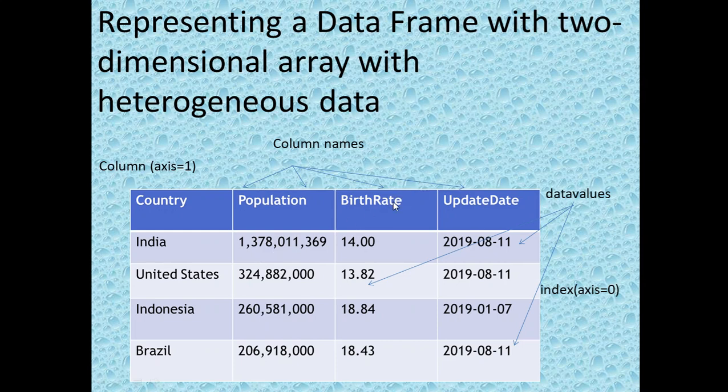Again, the birth rate column will have float type values. When you see the update date column, all the values are of date type, or you can say integer type is mentioned here. So a data frame is a two-dimensional array structure, and the columns can have heterogeneous types of data: this column string, this numeric, this float, this date type. This is how the data frame is represented internally.